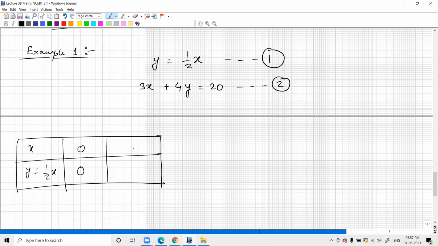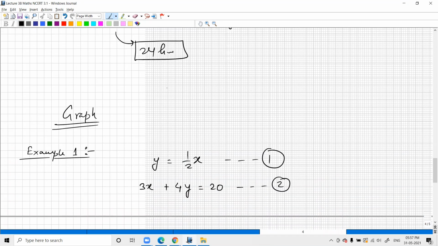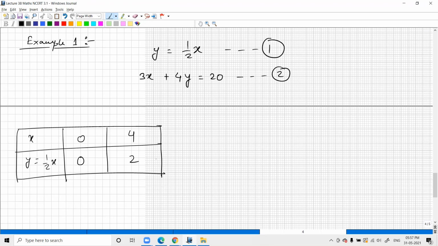Then what else should I put as x value now? 1? See, if I put 1, then y will be 1 by 2, no? I said avoid decimals and fractions. Try to keep some whole number. So I can keep 2 also, then it will become 2 by 2, which is 1. Let's say I keep x is equal to 6. So y becomes 3.